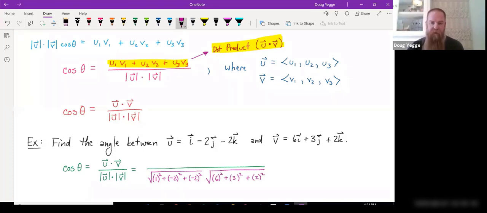But now if we wanted to calculate the dot product between the two vectors, we're actually just going to be taking the product between 1 and 6, the product between -2 and 3, and the product between -2 and 2. Notice that all I've done is multiply the x components together, the y components, and the z components.